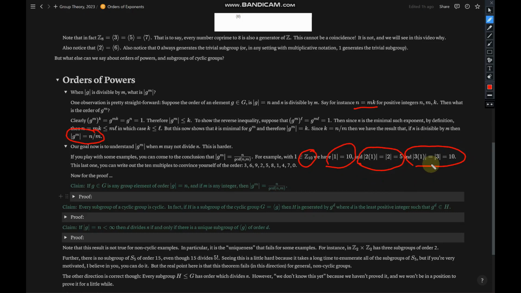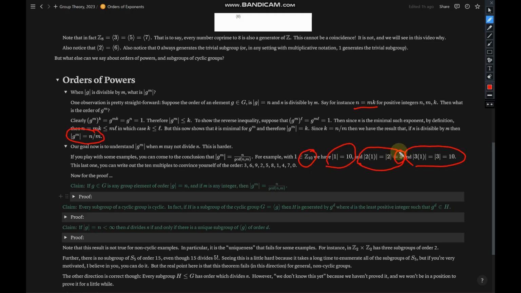So by looking at these examples, you might guess that perhaps the GCD has something to do with this. If you take the entire group's order, 10, and compute its GCD with the element: in the case of 2, the GCD of 2 and 10 is 2, and if you take 10 divided by 2, you get the order of 2.